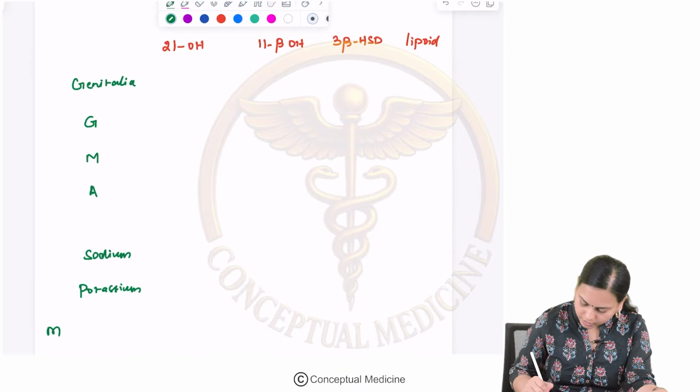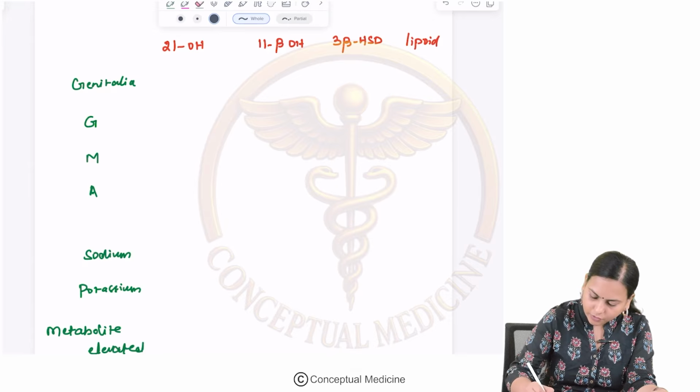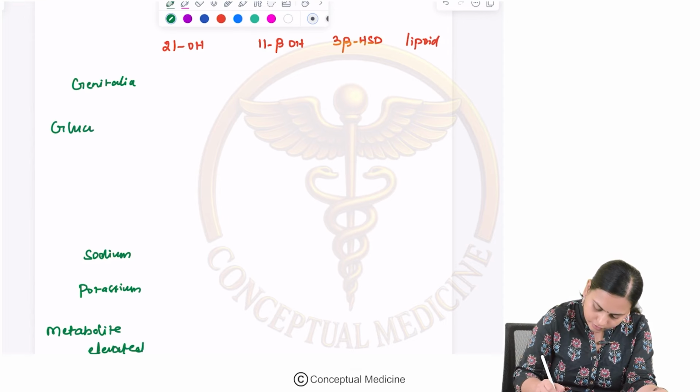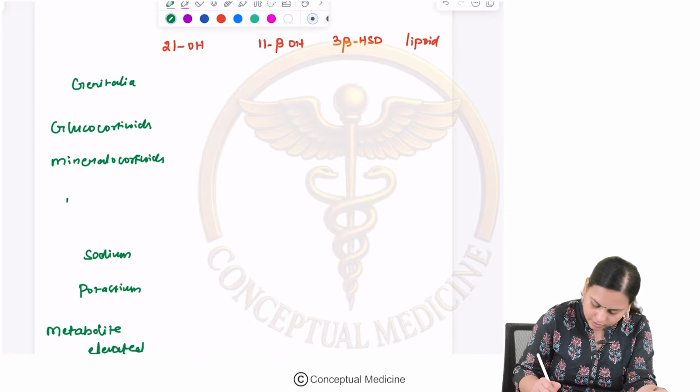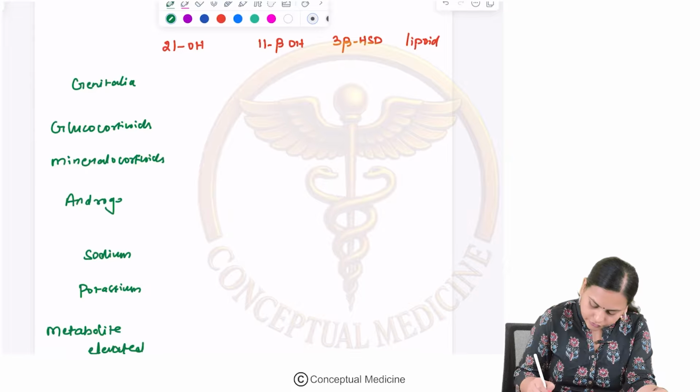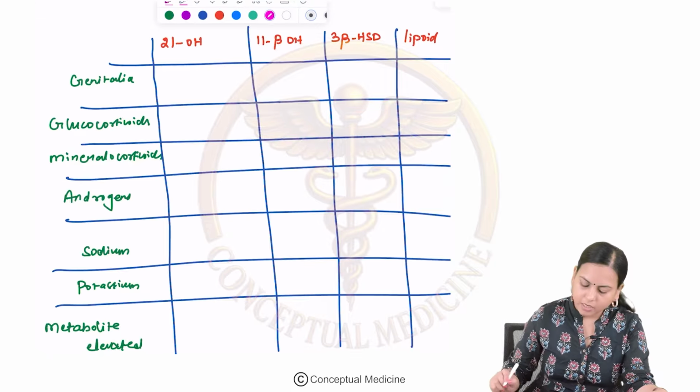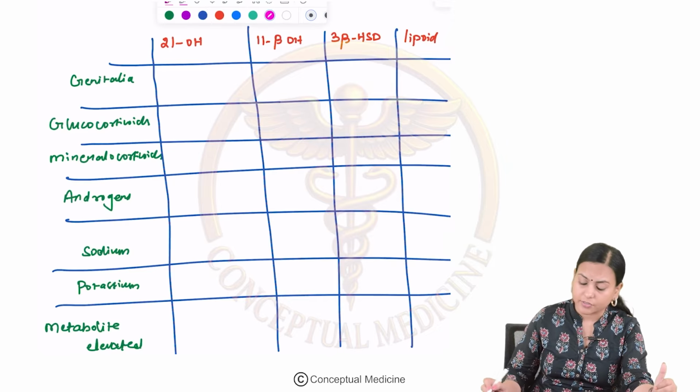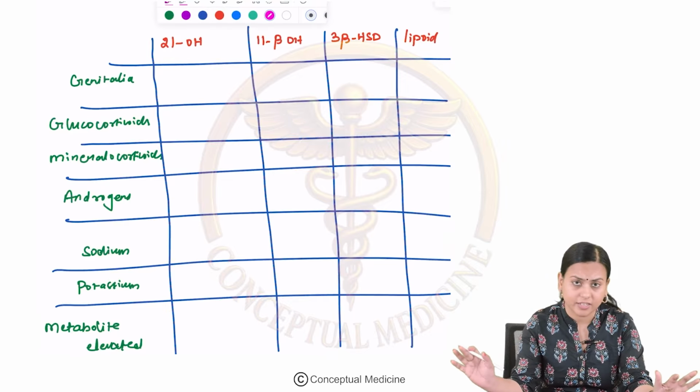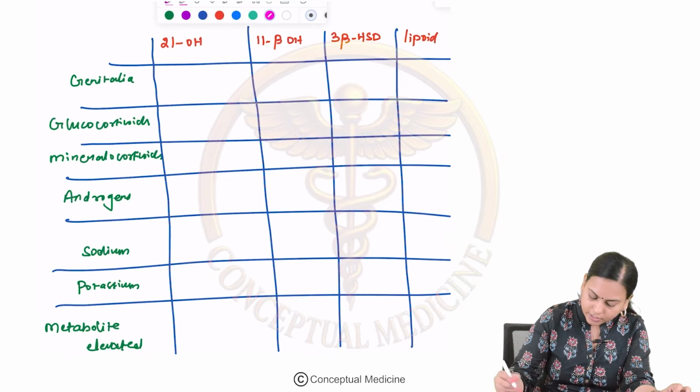Okay, so these are the things we are going to discuss. Let me write it completely. So it is glucocorticoids, mineralocorticoids, and androgens.